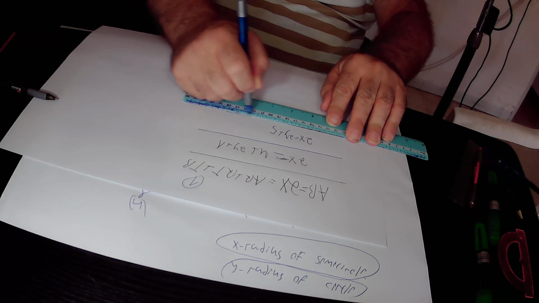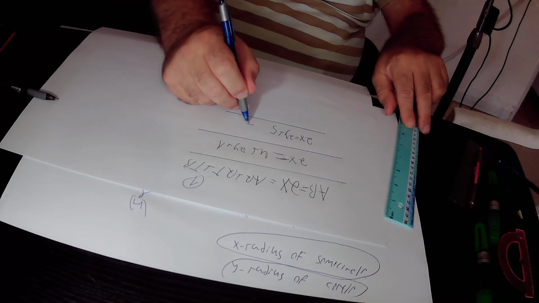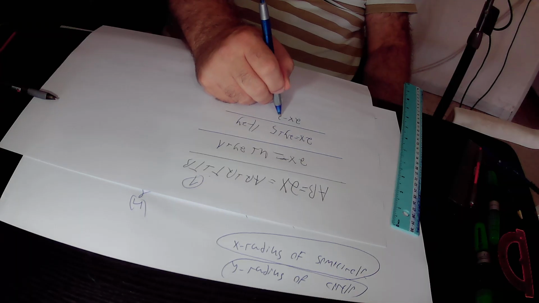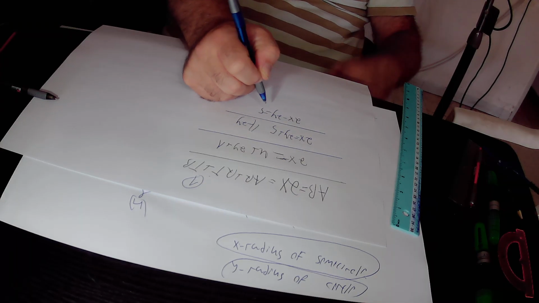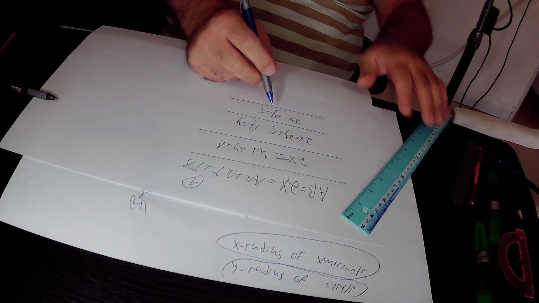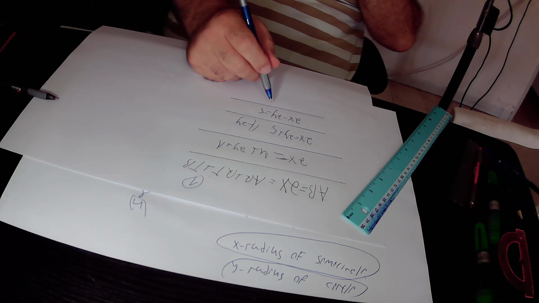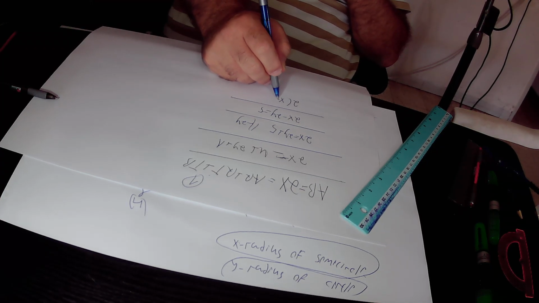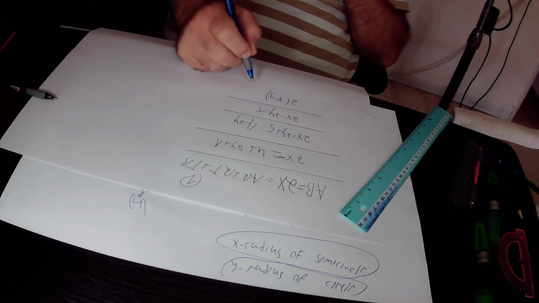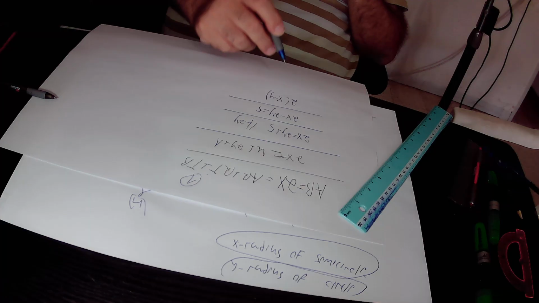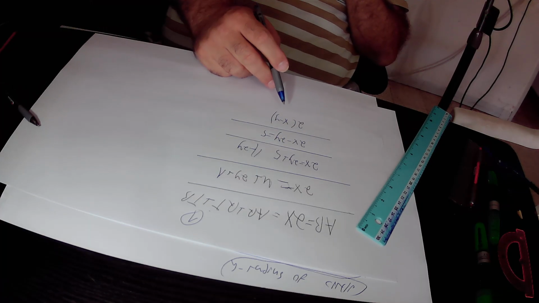Here we subtract 2y from this equation, and we get that 2x minus 2y equals 5. Here we take 2 out as a common factor from those two expressions, so inside the brackets we have x minus y.